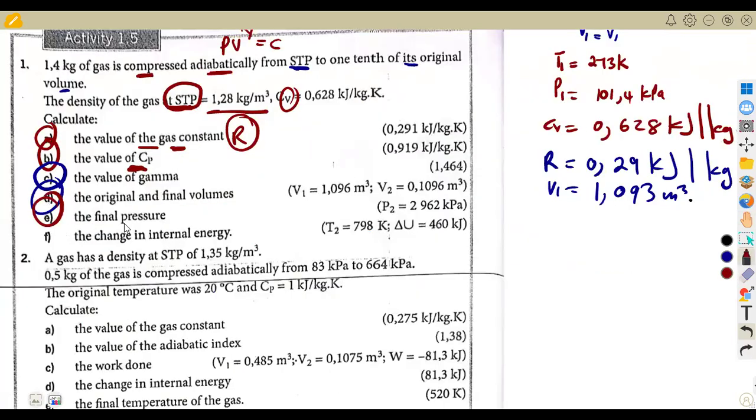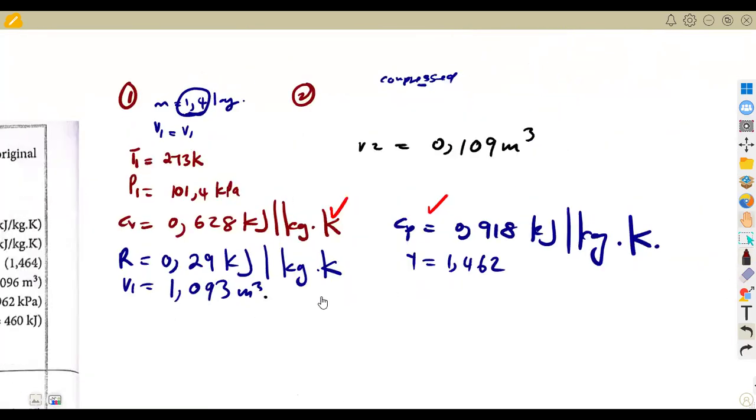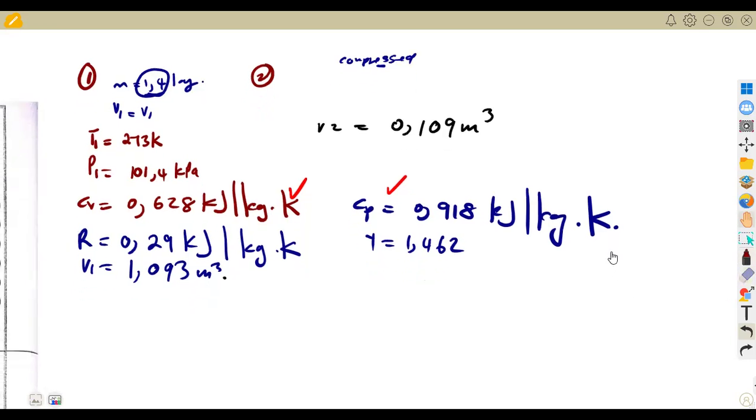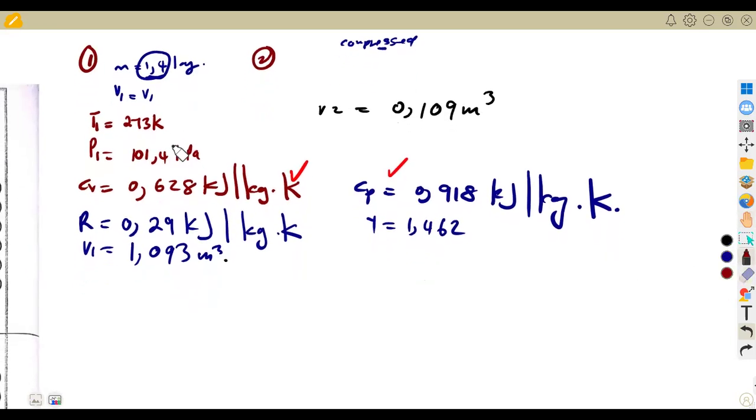It was to calculate the final pressure, P2. Where and how can we calculate P2? We do not have T2 here, so we can't use PV equals mRT because we need temperature there. But remember that we've got V1, V2, and P1, so we can calculate P2.